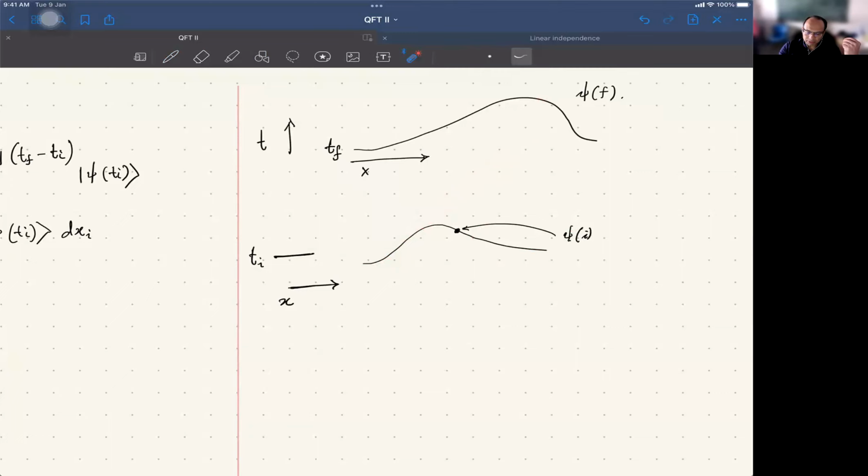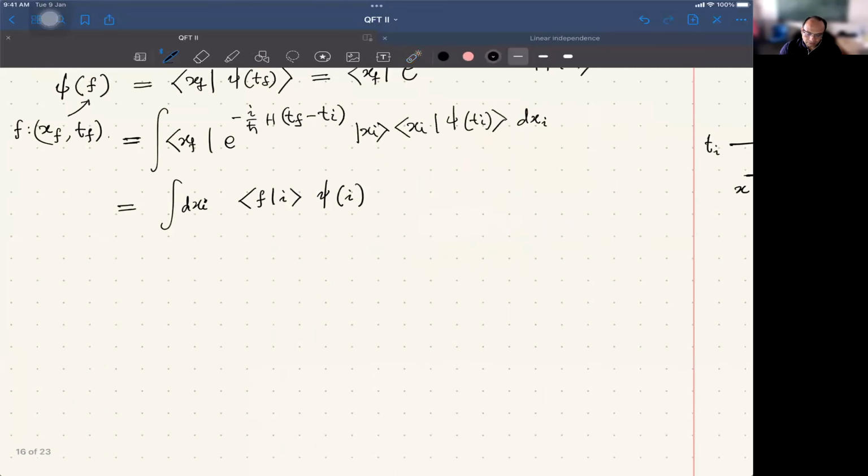So it is like a propagator. In order to get a particular wave function at t_f, it is receiving contribution from every point here, and those influences are being carried by the propagator. So this is f i, and therefore you could call that a propagator.